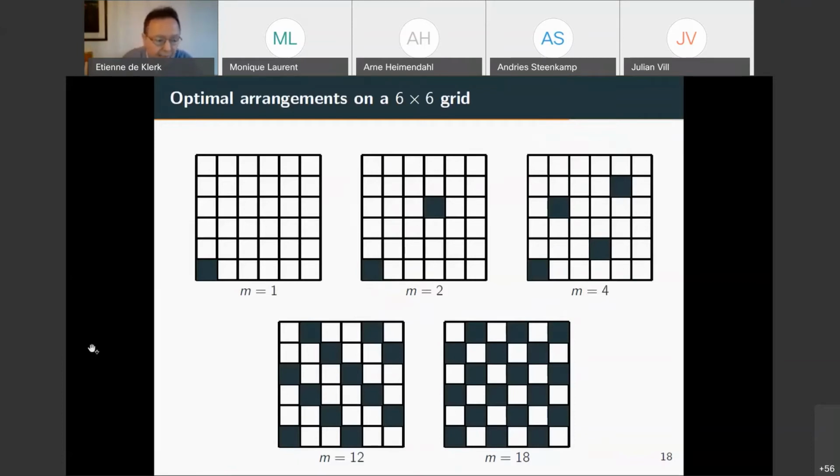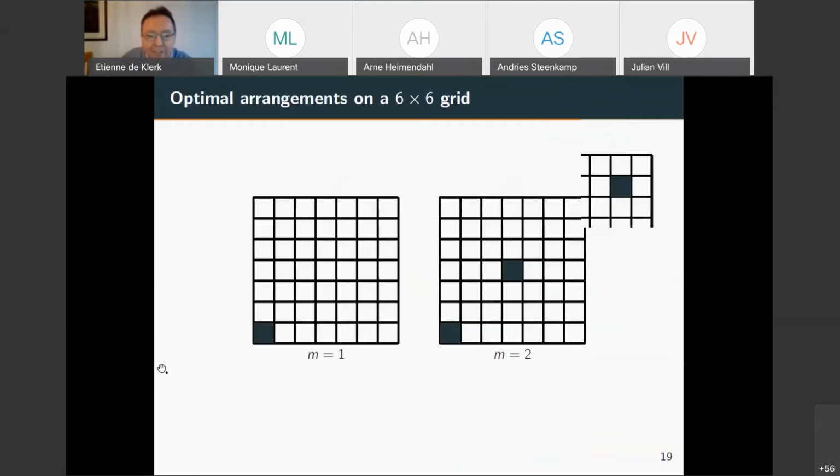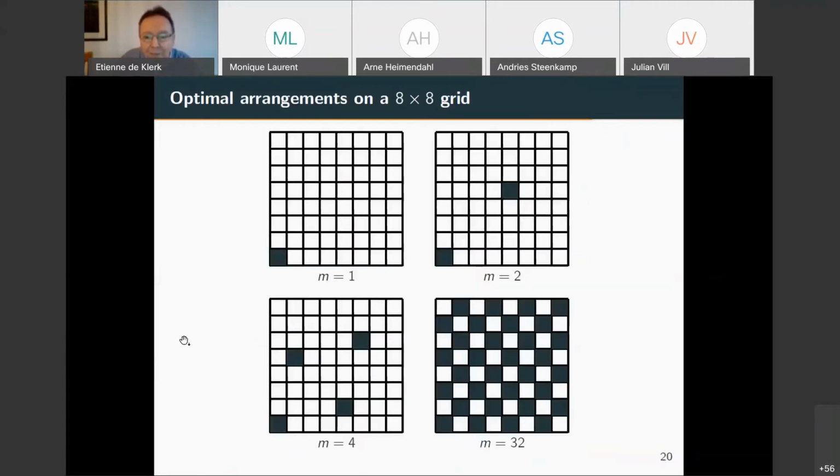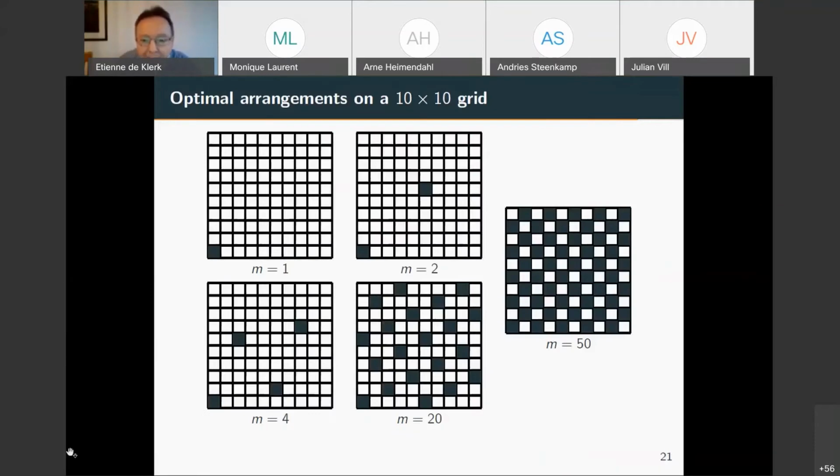For example, it will not surprise you that this one is optimal, and the chessboard one was known to be optimal. But for example, this is also optimal for 12 particles, and not so much new in 7 by 7. But we can continue, and for 10 by 10, again, the chessboard was known to be optimal.